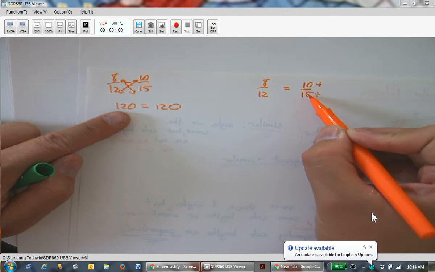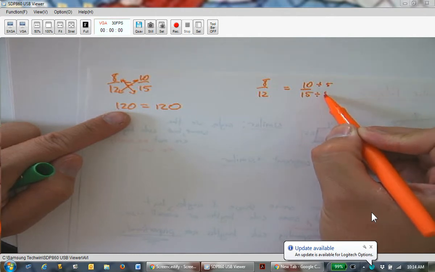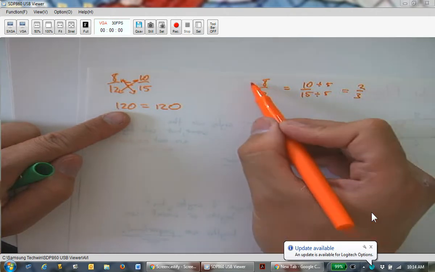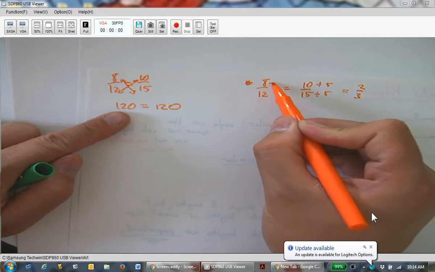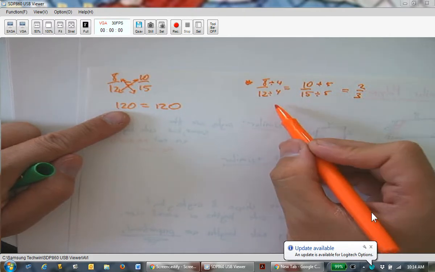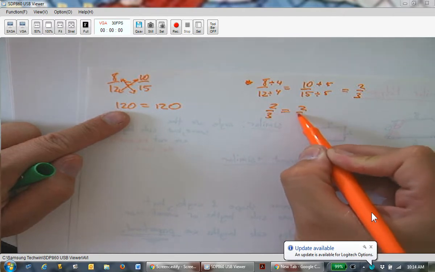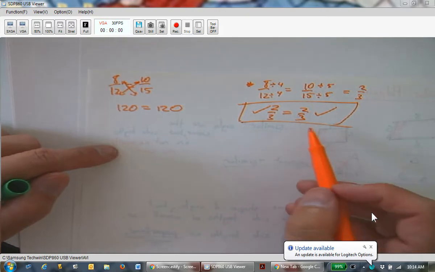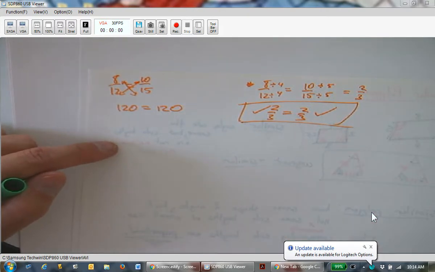I see 10 and 5 are both, the greatest common factor is 5, so that'd give me 2/3. And the greatest common factor of 8 and 12 I think is 4, so that'd be 2/3 as well. If your ratios check out, then your shapes are similar.